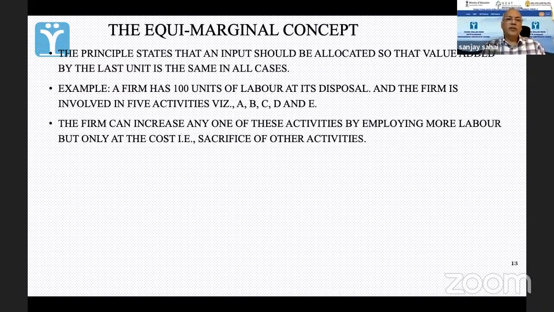The choice for the firm is that it can increase the production of any of these products by employing more labor. But if it employs more labor in one, it sacrifices the chance of increasing the output of other activities. So it's up to the firm to make a decision here.